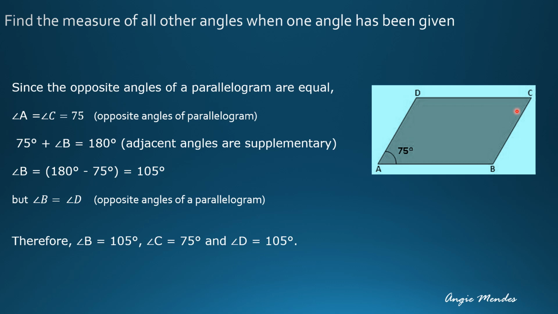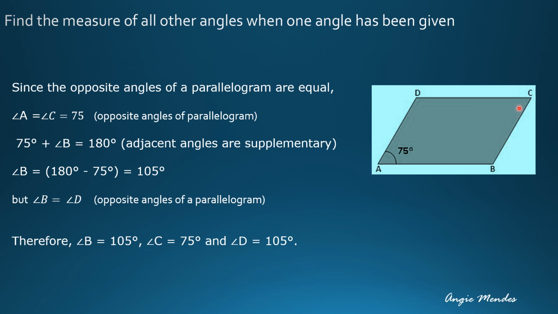Now we know that angle B and angle C are forming adjacent angles, and the adjacent angles are supplementary. So we will do that. We have angle C, which is 75 degrees, plus angle B is going to give us a total of 180 degrees.